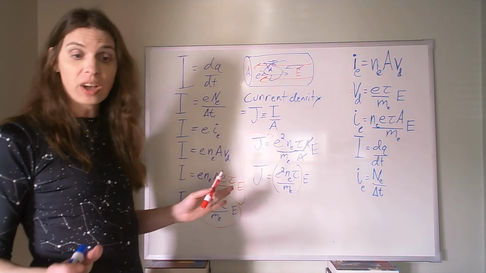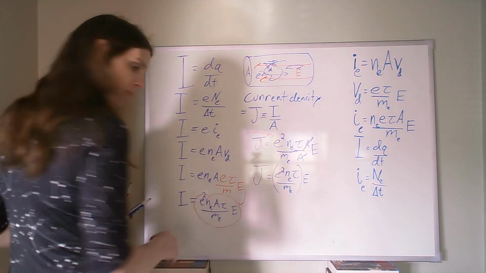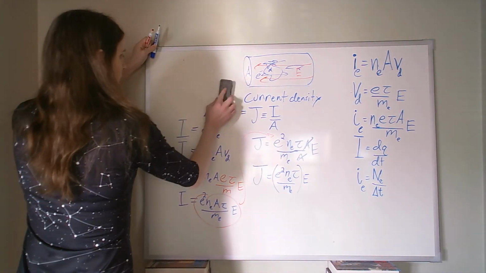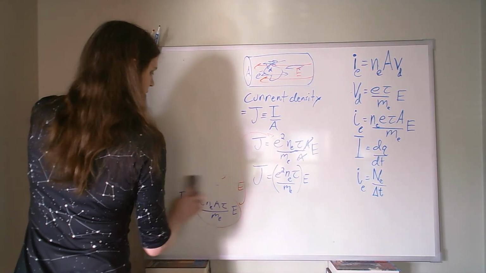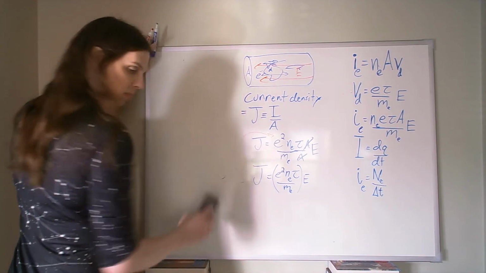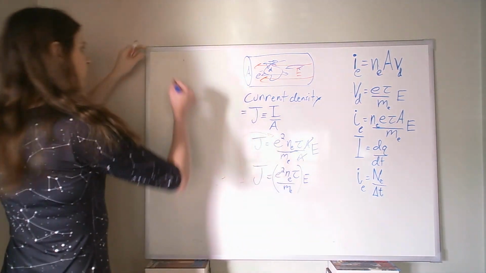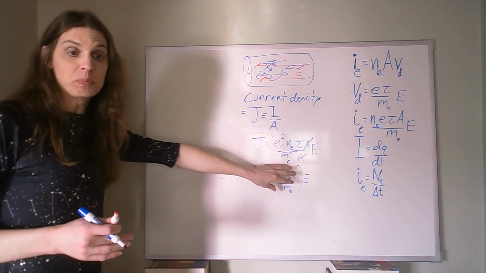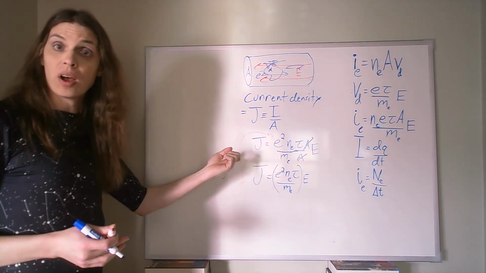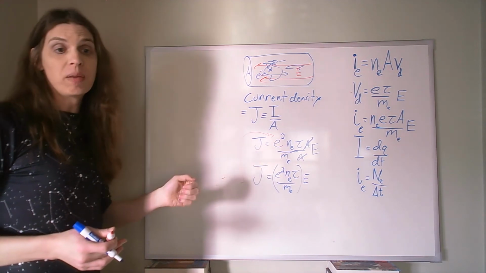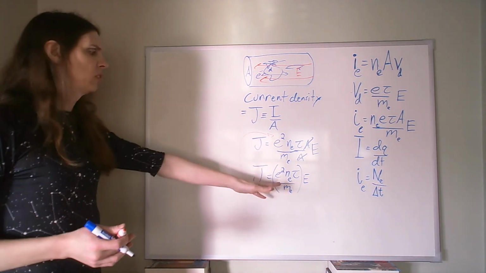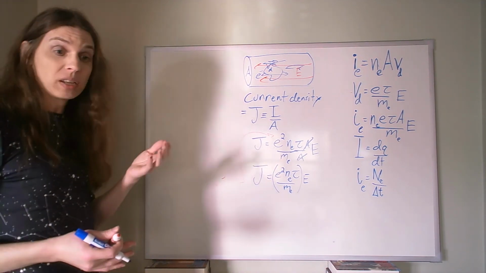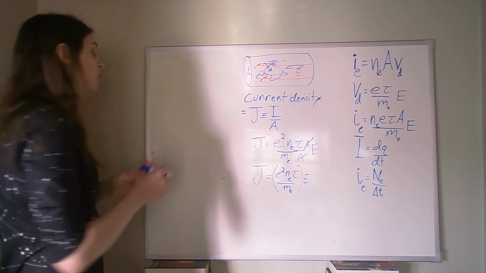And so we're going to give this constant a name. We'll define this thing, because when this thing gets bigger, you get a bigger current density with the same electric field. It's going to get bigger the better of a conductor you've got. So we're going to call that quantity conductivity.